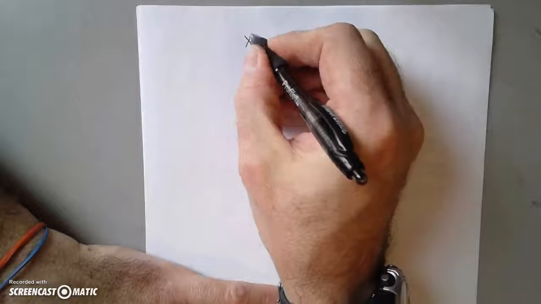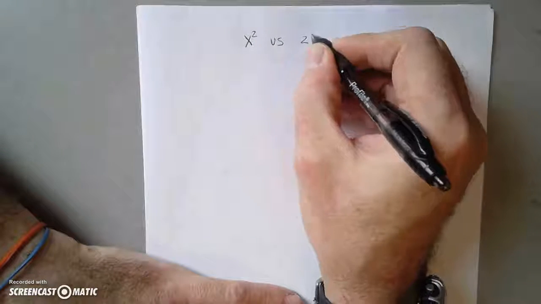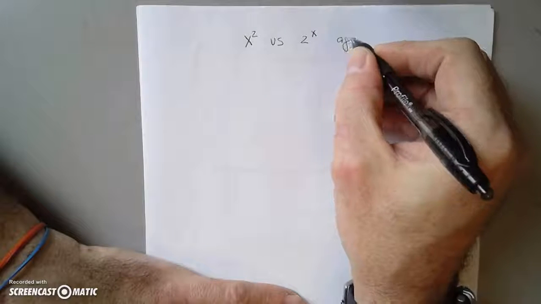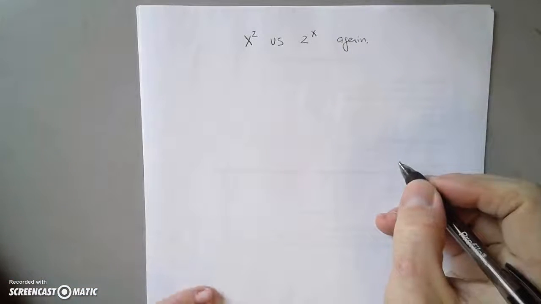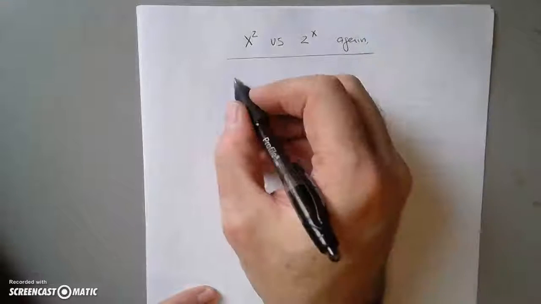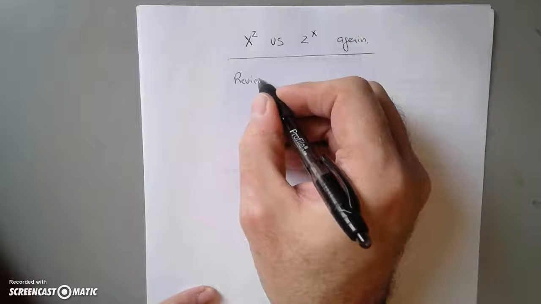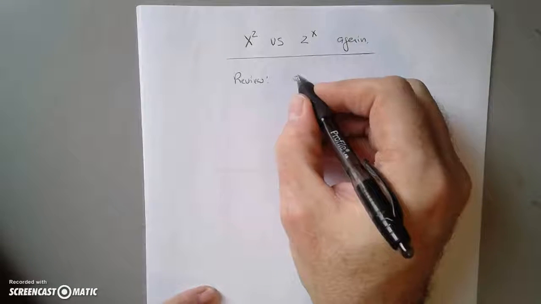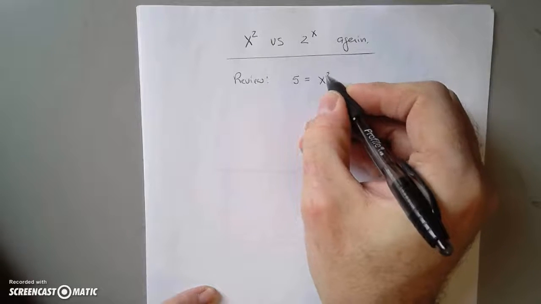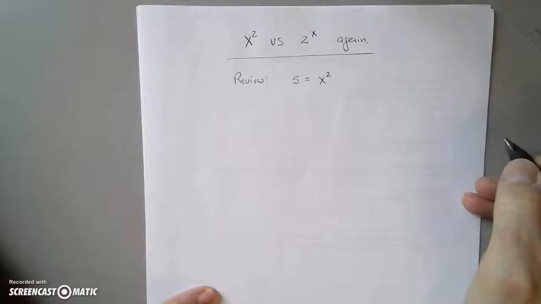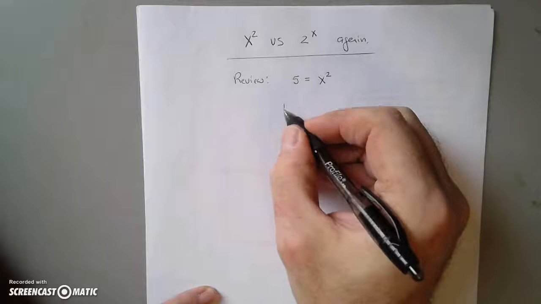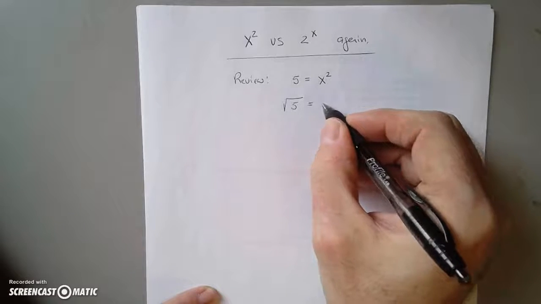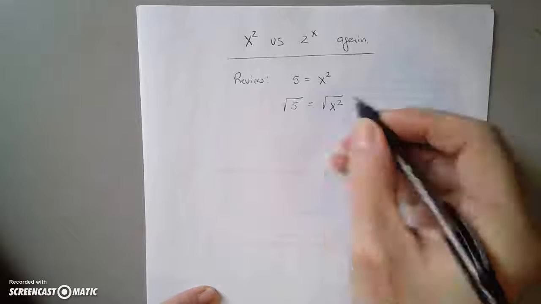Let's go back and compare something like this again. Suppose I want to know the solution to this kind of equation. This part should be review. This is pretty easy. I can take the square root of both sides.